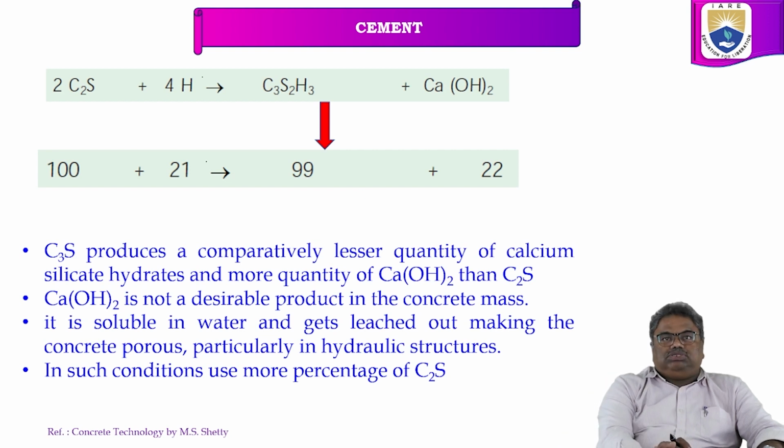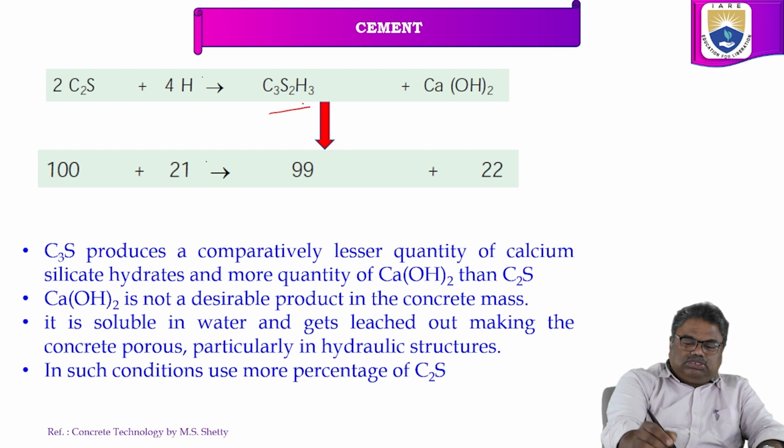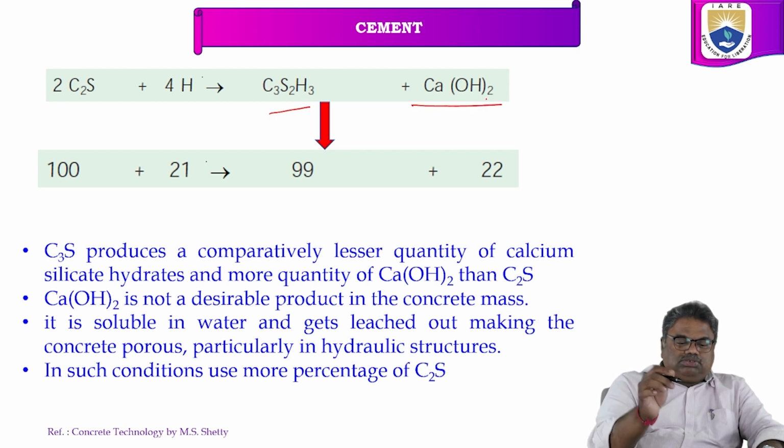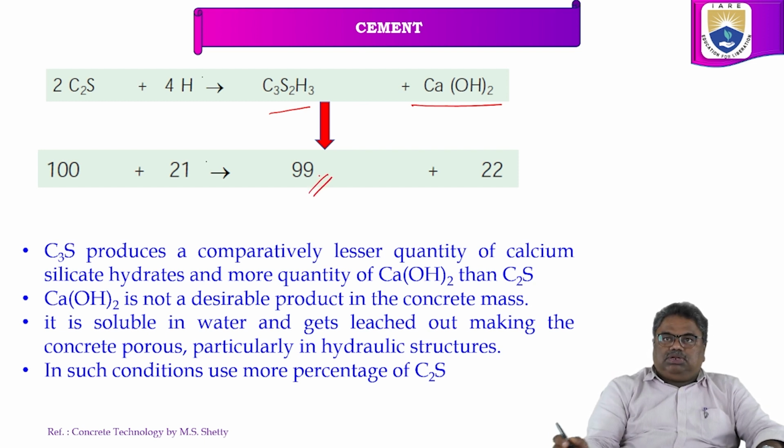Similarly, C2S reacts with 4H and also forms CSH gel and calcium hydroxide. If it is 100% and 21%, the CSH gel will be 99% and Ca(OH)2 will be 22%.